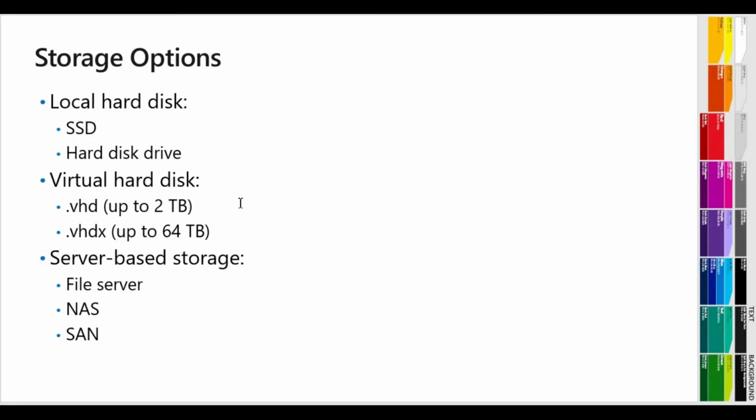The storage options: we have a local hard disk, SSD or hard disk drives. So for any computer, let's say you have your laptop, do you know what kind of disk you have, whether it's SSD? SSD stands for solid state drive.